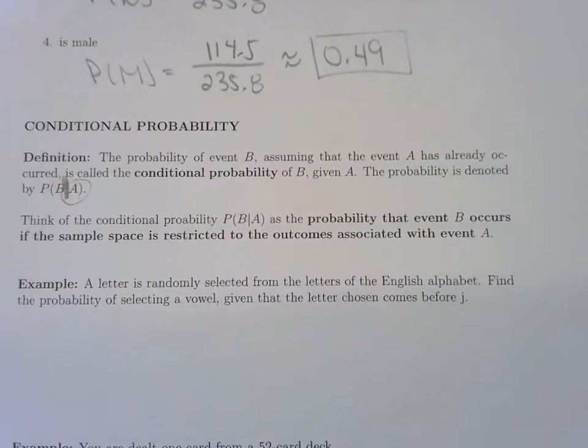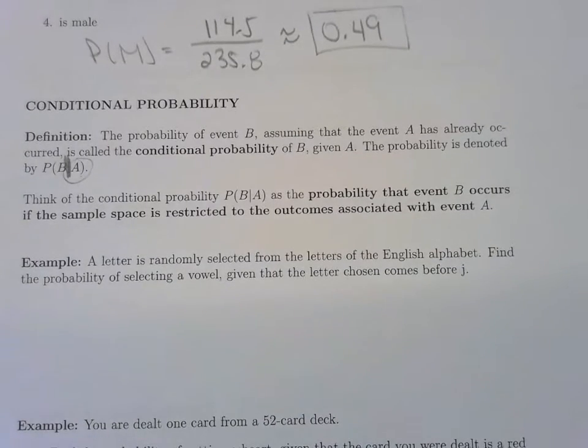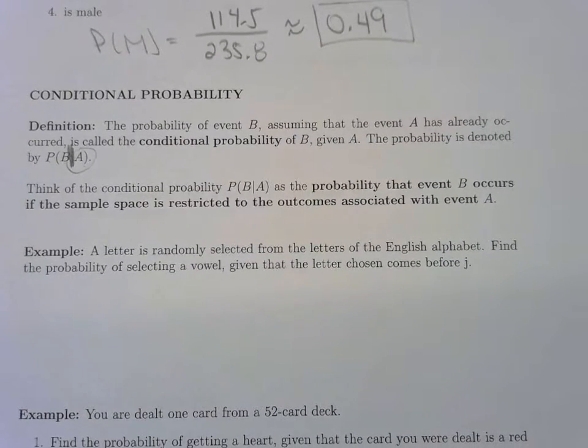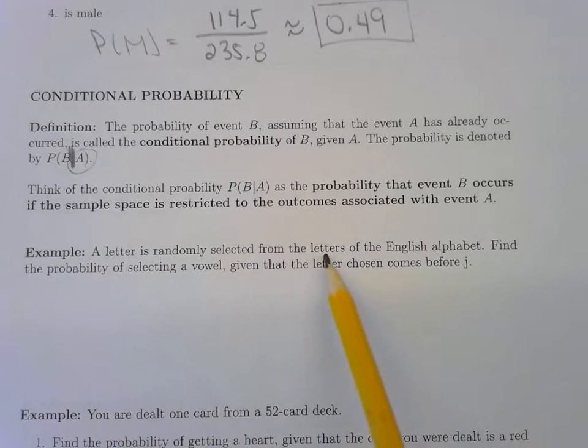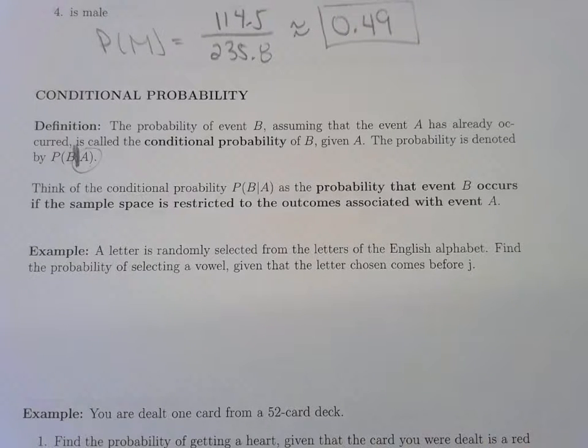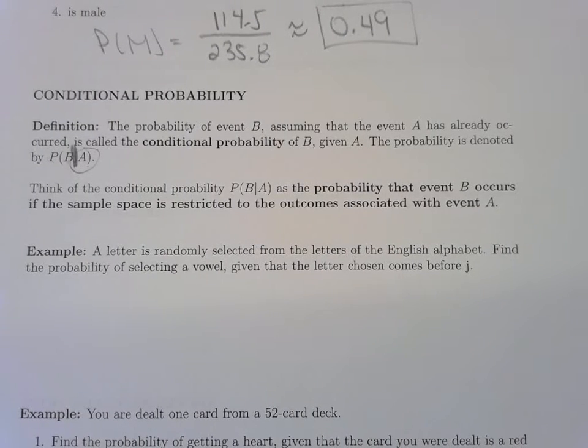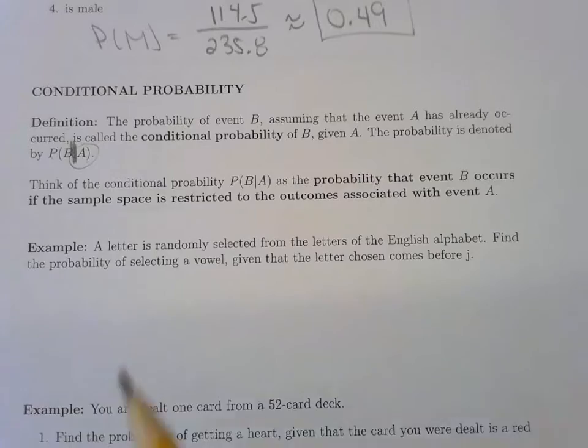Okay, so example: a letter is randomly selected from the letters of the English alphabet. Find the probability of selecting a vowel given that the letter chosen comes before J. If we were just given that a letter is randomly selected from the English alphabet, and asked to find the probability that the letter chosen comes before J, the denominator would be 26, however many letters there are in the alphabet, and then we would count how many come before J. But we have a given.